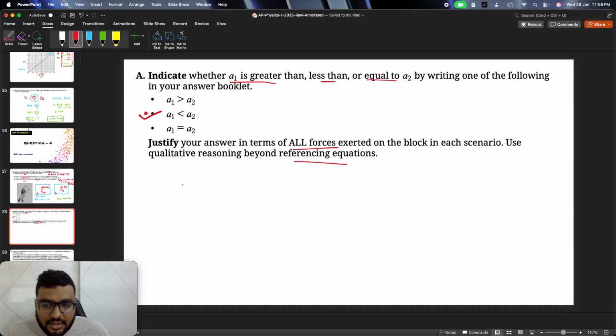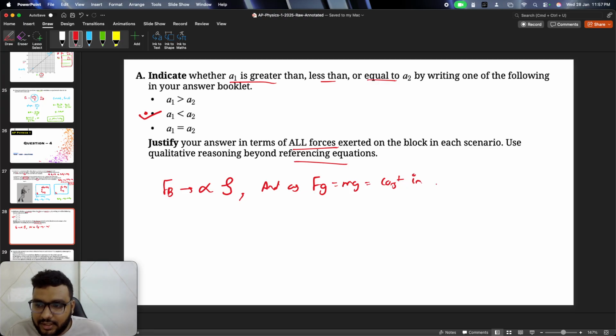We can only say that the buoyant force is directly proportional to the density, and as the downward force, which is the gravity force, is constant in both cases, it only depends on the upward force. So the more the buoyant force, the more the acceleration is going to be.